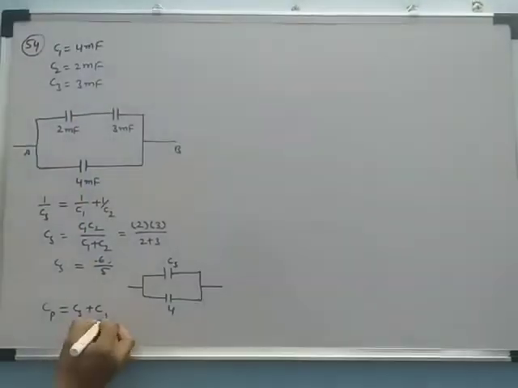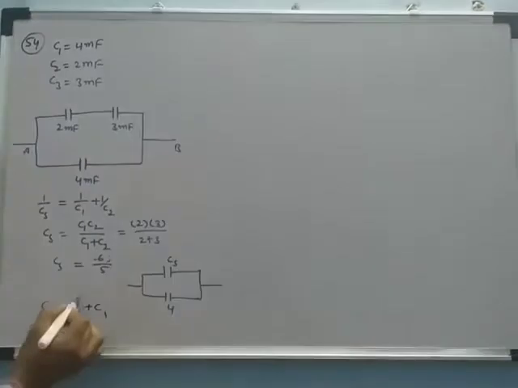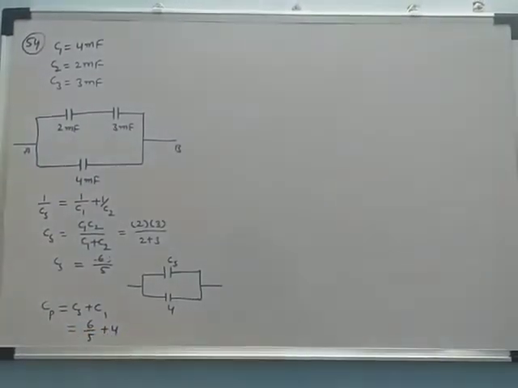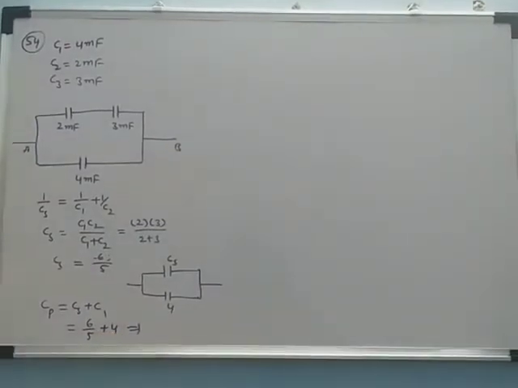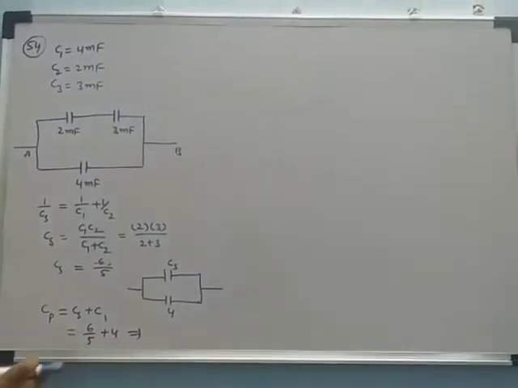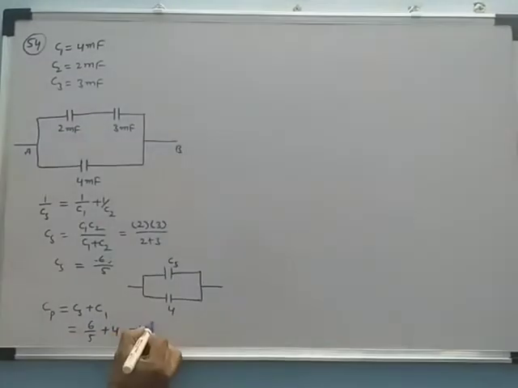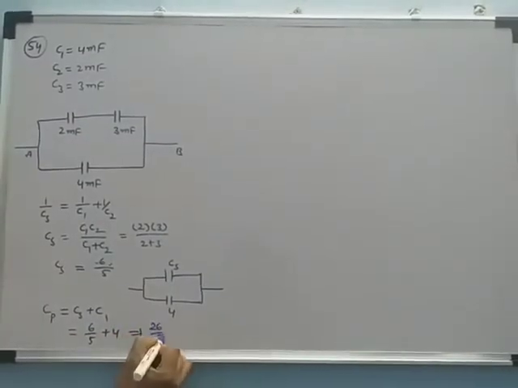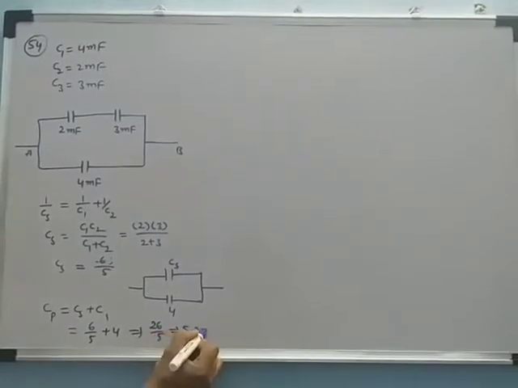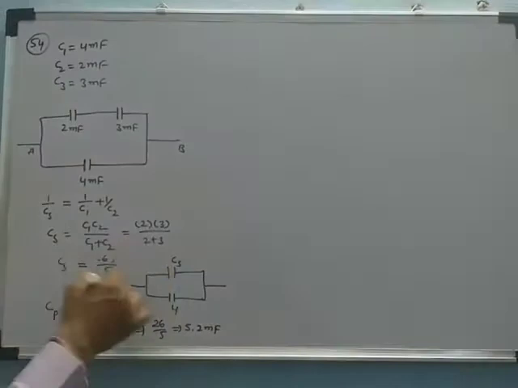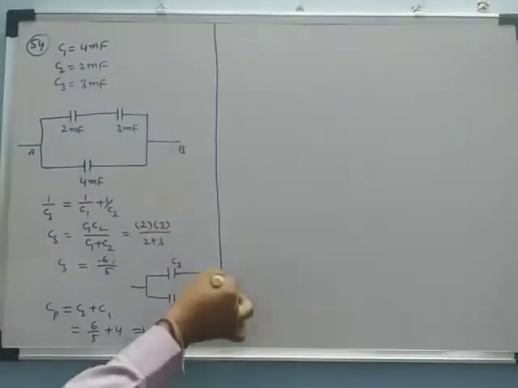So Cs is 6 by 5 plus 4, taking the LCM, which is 5. 20 plus 6, 26 by 5, which is 5.2 millifarad. This is the combination of the capacitors.